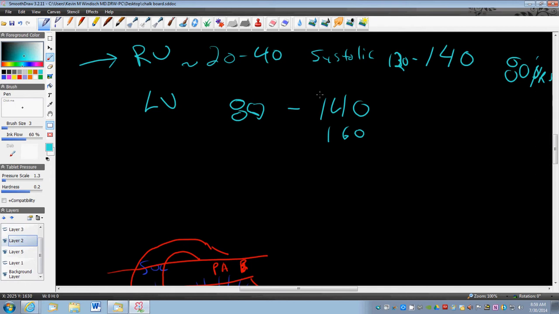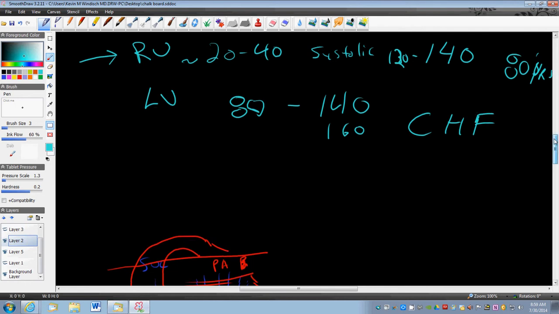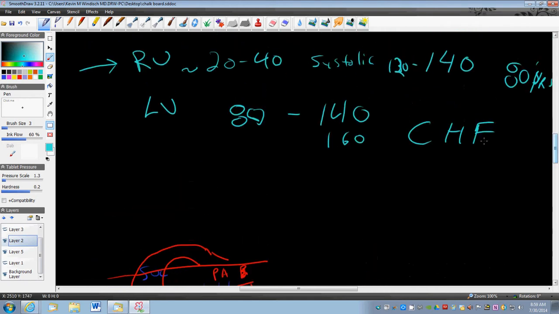It tires out. It goes into heart failure. So these patients who've had the Fontan for hypoplastic left heart are always one foot in heart failure, one foot out of heart failure. So they're either in heart failure or in impending heart failure.